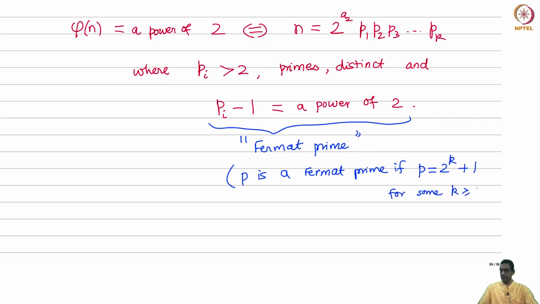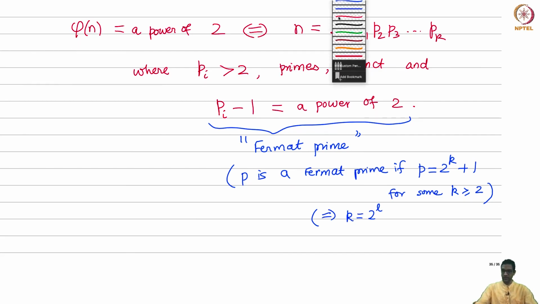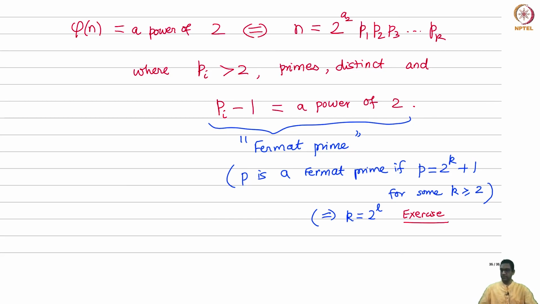And it's in fact not too hard to see that if 2 to the k plus 1 is a prime, then it implies that k itself must be some power of 2. This is sort of a simple exercise. You can show that if k is not of this form, then P can't be prime.